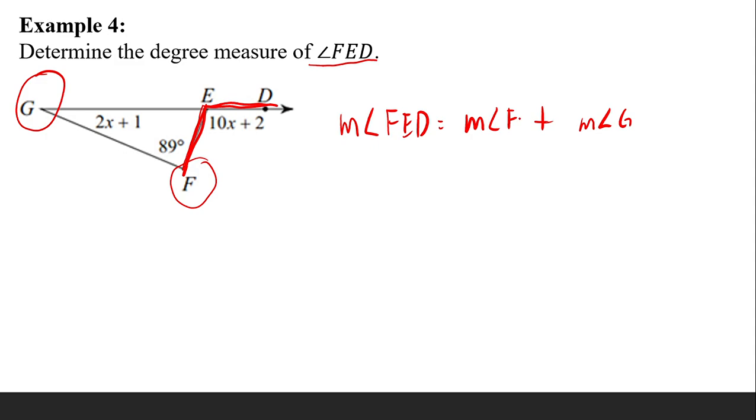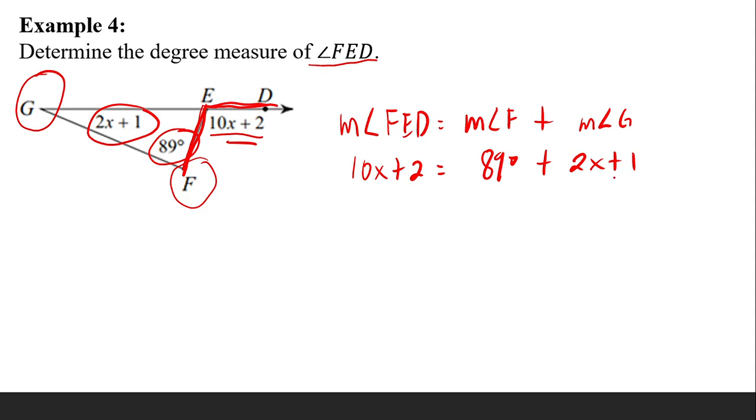Measure of angle FED has a degree measure of 10x plus 2. So 10x plus 2 is equal to measure of angle F, which is 89 degrees, plus measure of angle G, which is 2x plus 1. Now, let's apply the transposition method. From the right side, 2x transposes to the left side and it will become negative 2x.